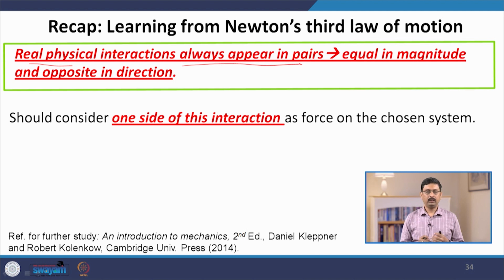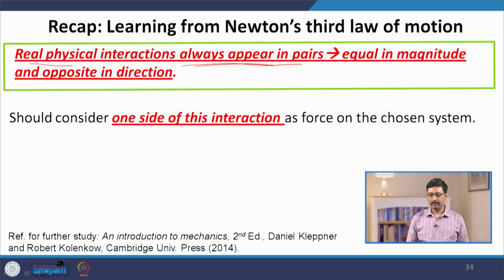We will not consider those kinds of examples in this course, but these non-inertial frames exist. This is the difference between those situations and the real physical force. The real physical forces always appear in pairs which are equal in magnitude and opposite in direction.